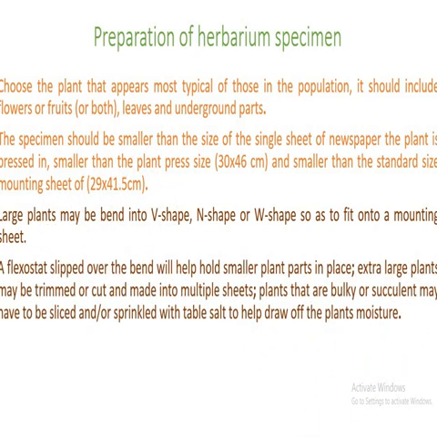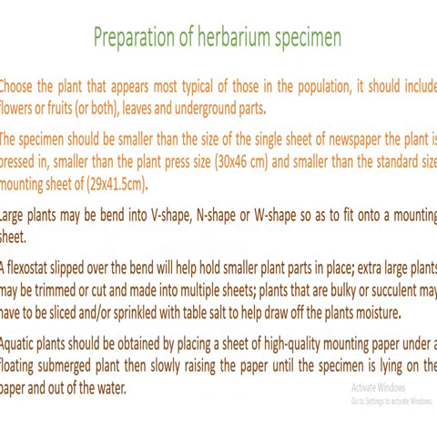Now, you also ensure that at these bends that you have created, you hold the particular plant parts in place using a flexostat. Now, if you have extra large plants that cannot fit onto one mounting sheet, you can then make them into multiple sheets. Now, if the plant is succulent and bulky, sometimes you can sprinkle onto it table salt to help in drawing off the plant's moisture.